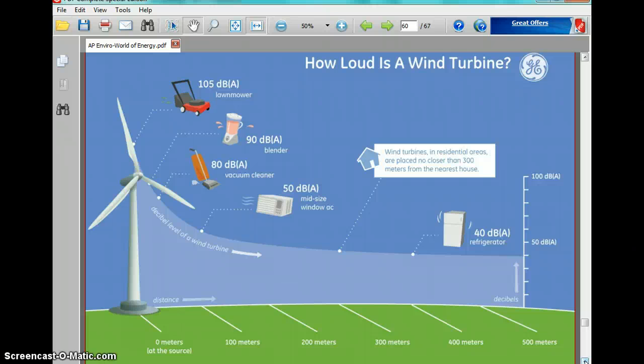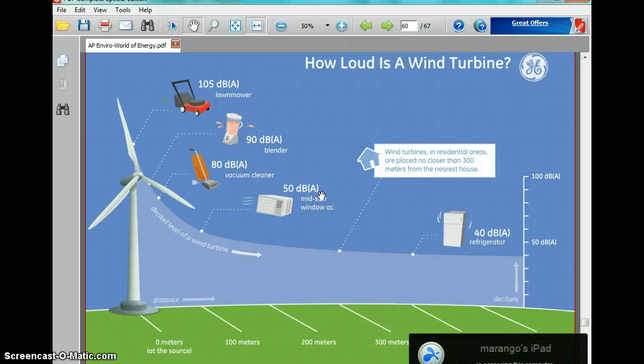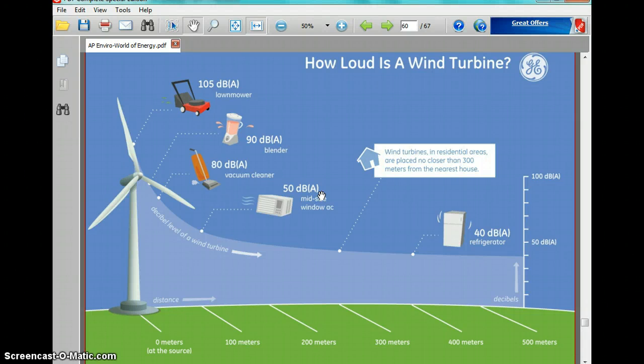So you have 4,000 blenders. There's going to be noise pollution. So what they're saying is individually, they're not really loud, but when you put them all together in a farm, I've heard people drive by them and they say they don't even hear it. In a residential area, you can't have a wind turbine closer than 300 meters away from the house. So if you just have one in a small town, then you'll never be able to hear it.